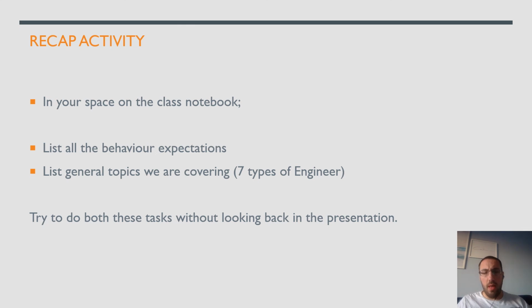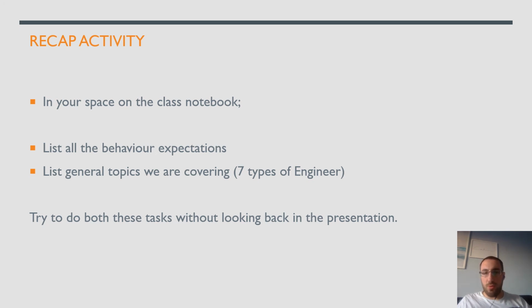Don't rush it. And then if you can't remember anymore, what I would like you to do is just open up this video again, go to the answers, and then copy down the answers, but change the colour of font that you're using. So you can highlight it and it'll come up with a wee box that you can change the colour, so that we can see clearly these are the ones you could remember, these are the ones you couldn't.